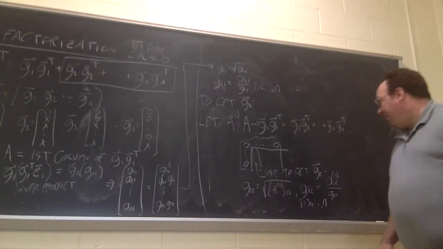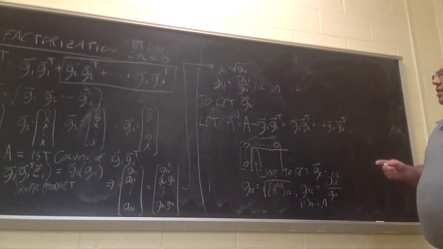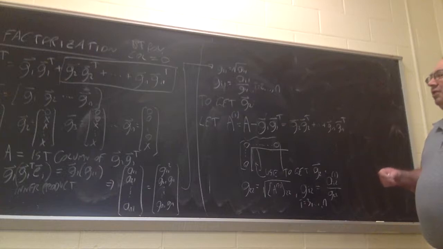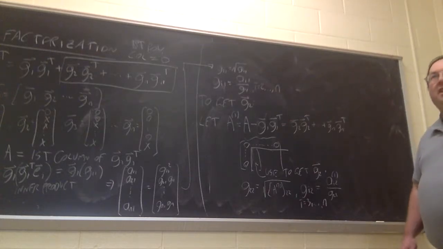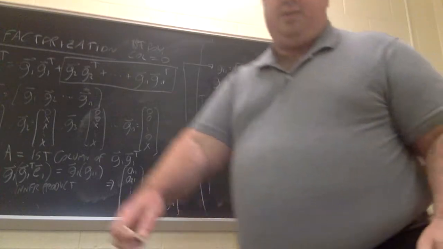Okay. So from what I've written here, I can show you what the actual algorithm would look like in pseudocode, something that could be easily translated into MATLAB, for instance. All right. So I'm going to write that over here.